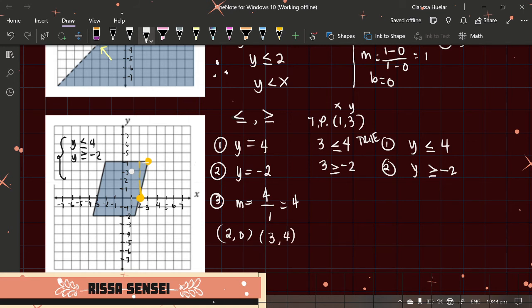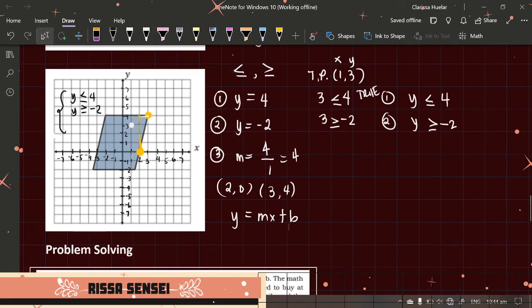Okay? y equals mx plus b. Ang y natin, kokopyahin lang. Equals, ang m ay 4. Ang x kopyahin. Yung b, that is the value of y when x is 0. Pero wala tayong ganun. So, para mahanap yun, kuha na lang tayo ng isang point dito. Ito na lang 2, 0.